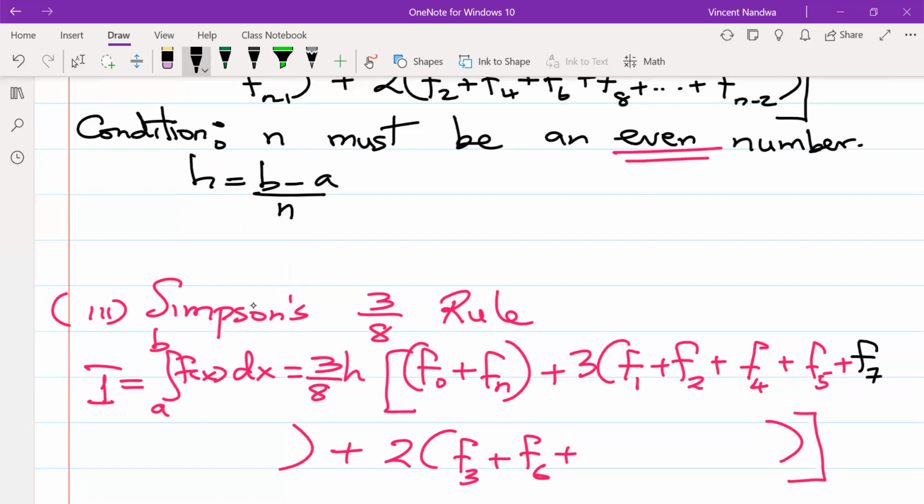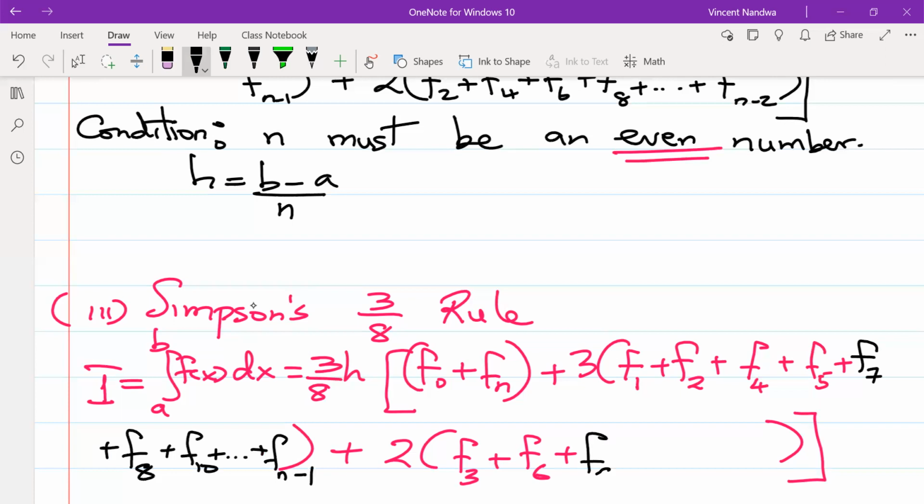So f7 plus f8 plus f10, etc., all the way up to plus fn minus 1.